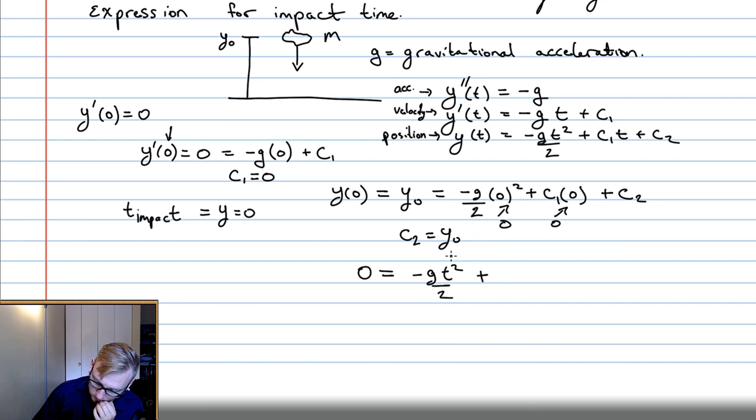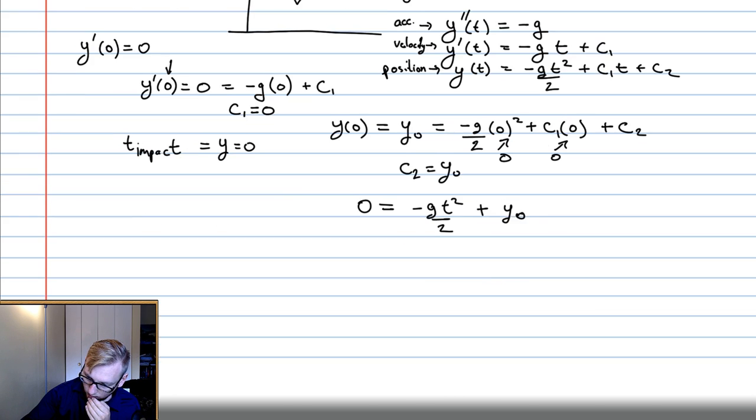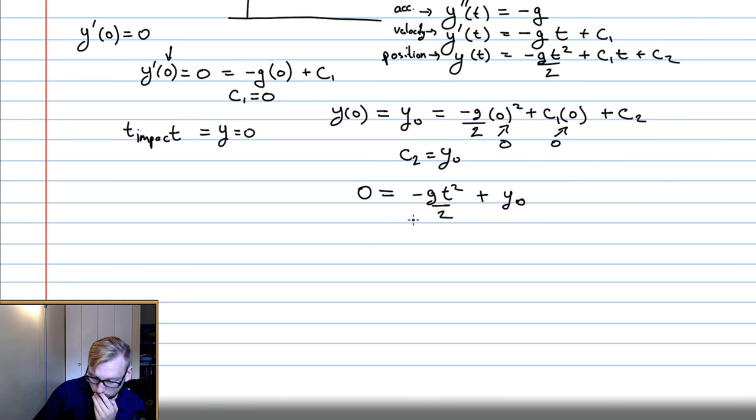So c2 is y0. We will find our impact time. And what is our impact time? Well, we'll take y0 over. We got negative y0, and this is negative g over 2 t squared.